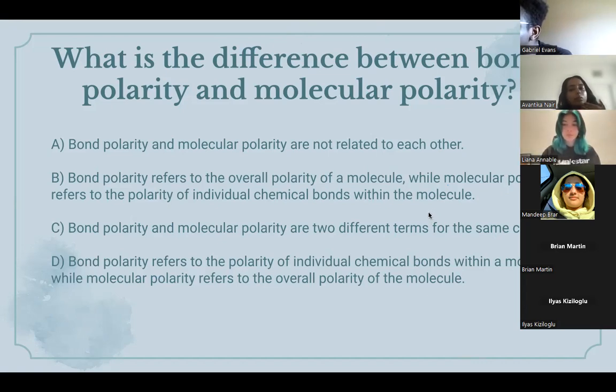If you guys remember the molecular polarity questions, you're usually given a number, right? Do you guys remember the scale for molecular? You can pull it up right now. Okay. You can share it. Yeah, I can stop sharing.